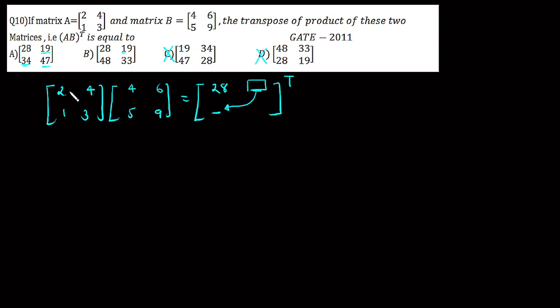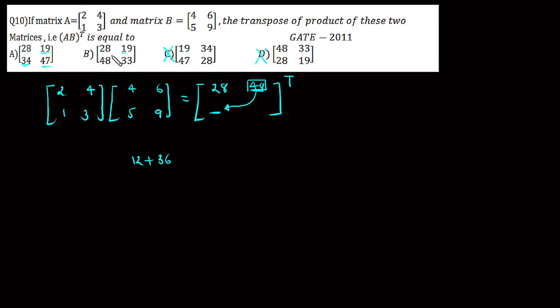Here 2 multiplied with 6 is 12, plus 4 multiplied with 9, which is 36. Doing the multiplication, what we get is 48 here. Now if we take the transpose, this 48 will come here at this place.